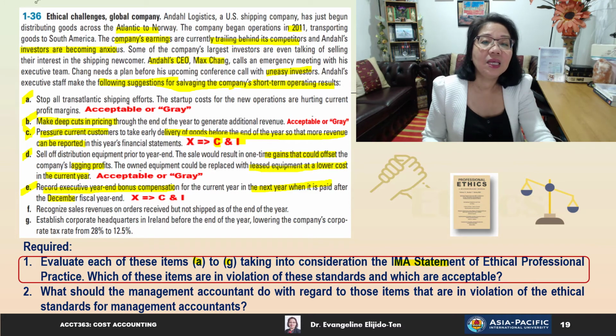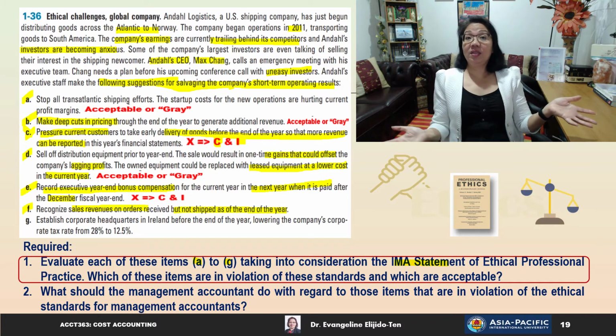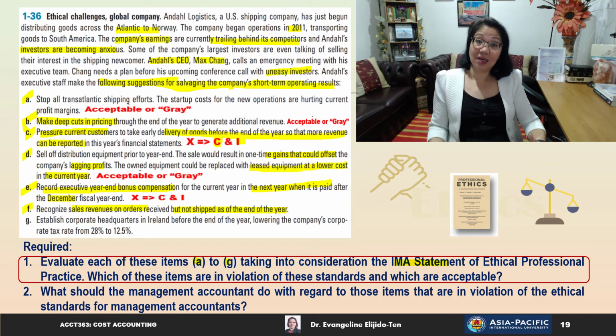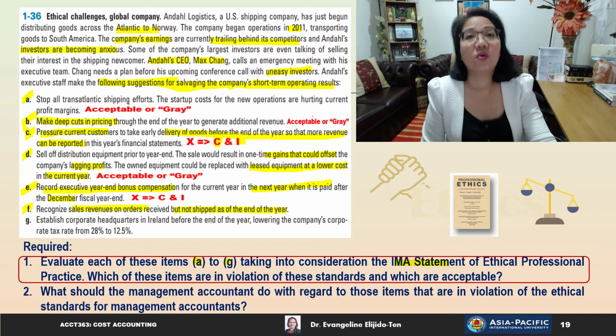All right, let's move on to F. Recognize sales revenues on orders received but not shipped as of the end of the year. Well, again, let's look at the requirement of GAAP. GAAP requires that income be recorded or accrued when the criteria for revenue recognition have been met. So what are these criteria?